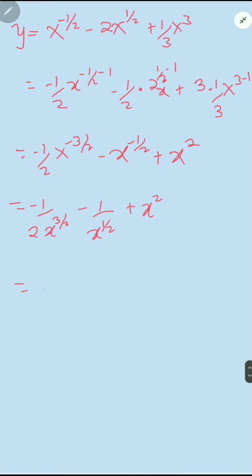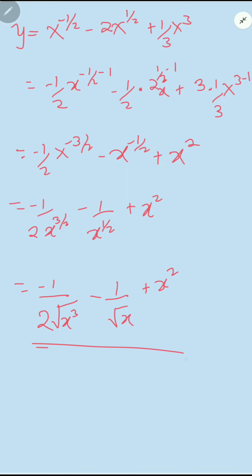So this is same as saying negative 1 over 2, there we can say square root of x to the power 3 there, minus 1 over the square root of x according to indices, and we say plus x squared. So this is our answer. Now be mindful that this is a 2, okay, which is 1 point the square root of x cubed. So this is our answer to the fourth problem.